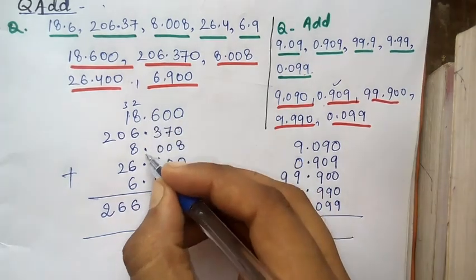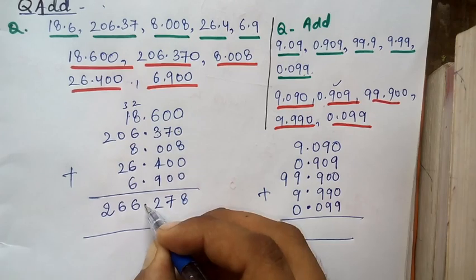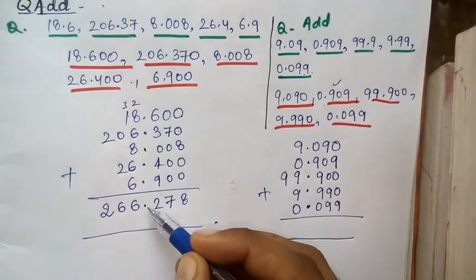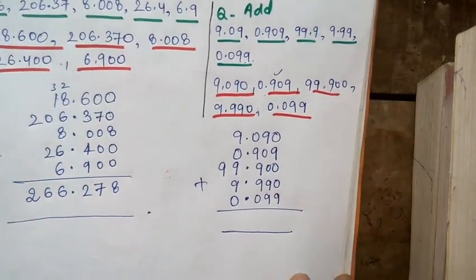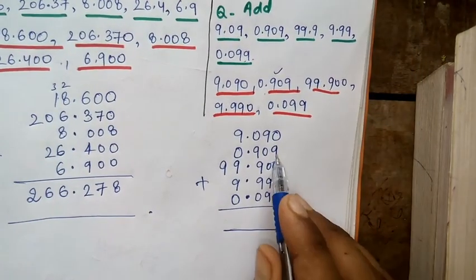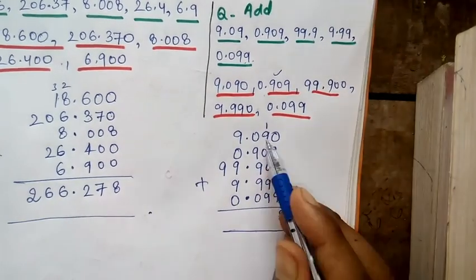So we will write the decimal point just here, directly under the decimal point. The sum is 266.278.